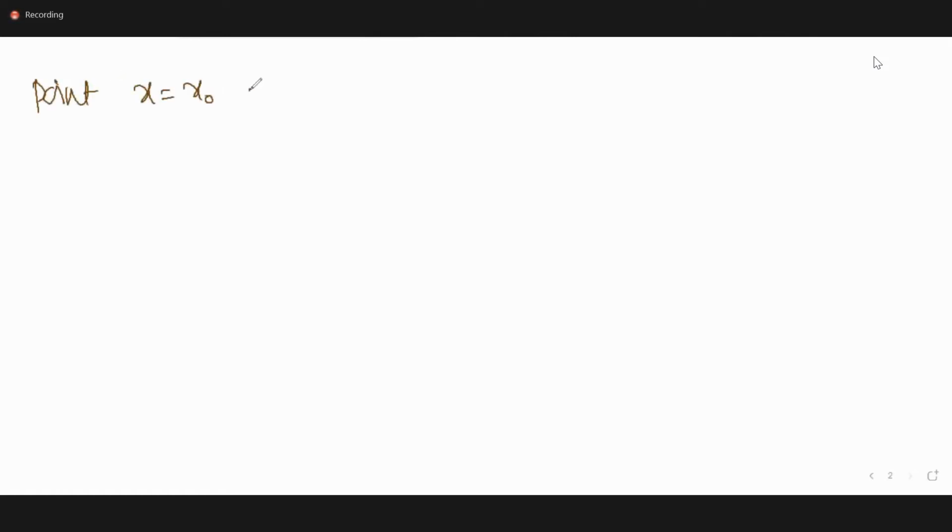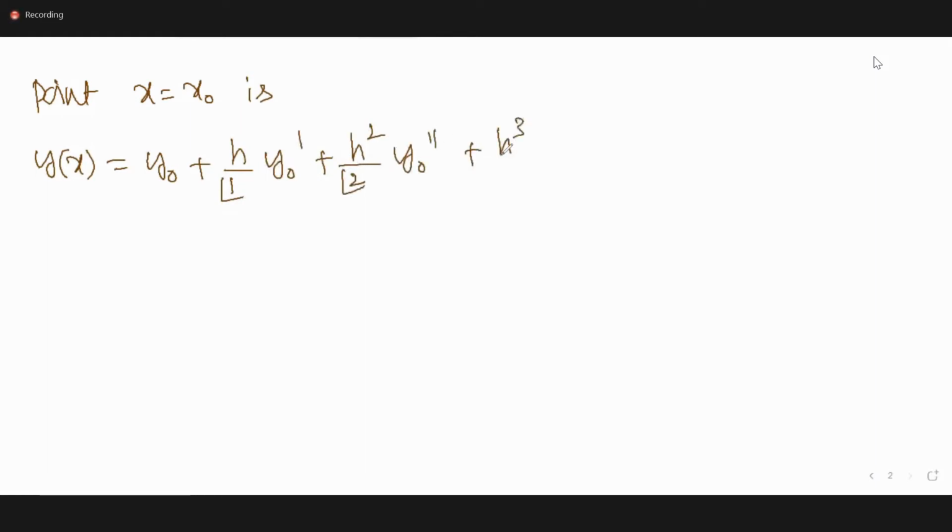What is the expansion? y of x is equal to y naught plus h by 1 factorial y naught dash plus h square by 2 factorial y naught double dash plus h cube by 3 factorial y naught triple dash plus h power 4 by 4 factorial y naught fourth derivative plus so on.